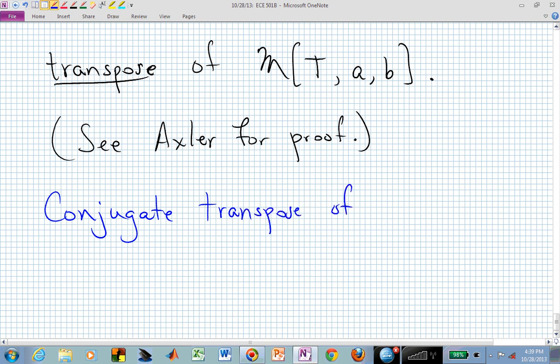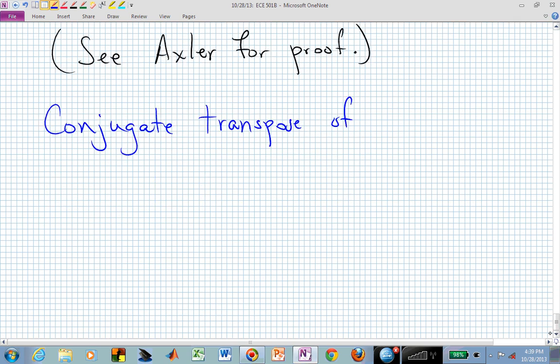Suppose the matrix looks like A, B, C, D, E, F. What's its conjugate transpose?